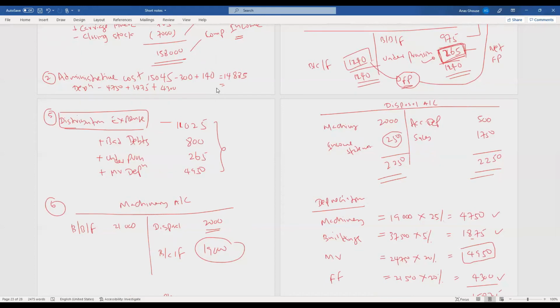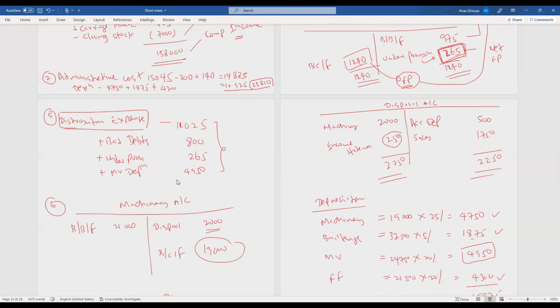So that will be 4,750 plus 1,875 plus 4,300, 10,925. So thereby your total administrative cost will be how much? 25,810.